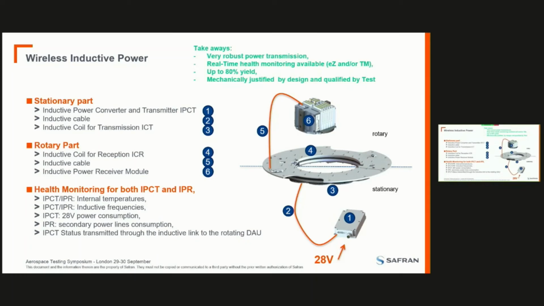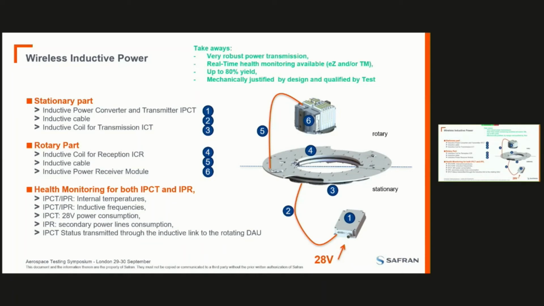These are made of two moon-shaped parts that can be mounted and dismounted without any impact on the rotors. So it's very easy to mount and to dismount. And then you have a link on the stationary part that converts a standard 28 volt to the proper voltage and current needed to have a very efficient induction system.